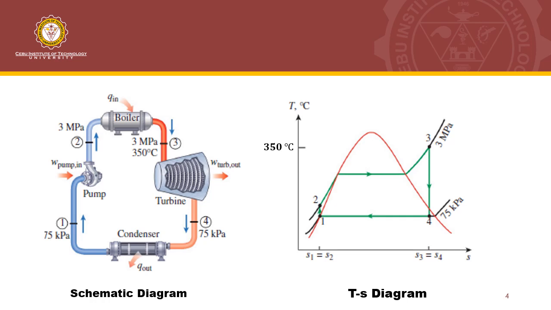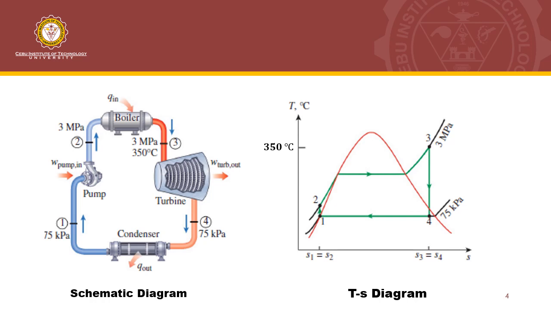Then it enters the pump. The purpose of the pump is to pressurize it, so to increase the pressure. When it compresses the liquid, it will raise its pressure. That's why we can see here that from a pressure of 75 kilopascal, it will reach another point, which is point 2.